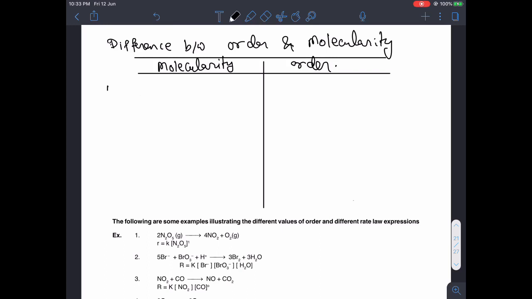Number one, molecularity is defined for elementary reaction only. Whereas order is even defined for complex reaction.